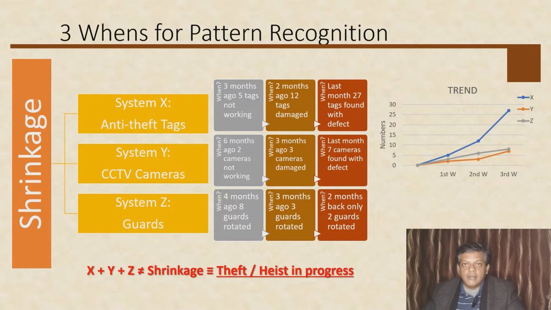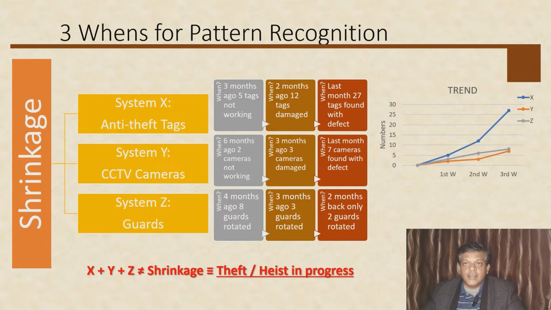Consider that you have a retail store and are faced with the problem of rising shrinkage levels. Now, without going into further details, what you're trying to do is list out all the control methods that you have which can arrest, prevent, or reduce shrinkage at your retail store.